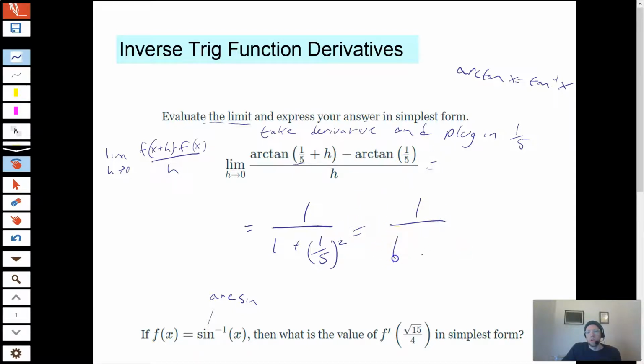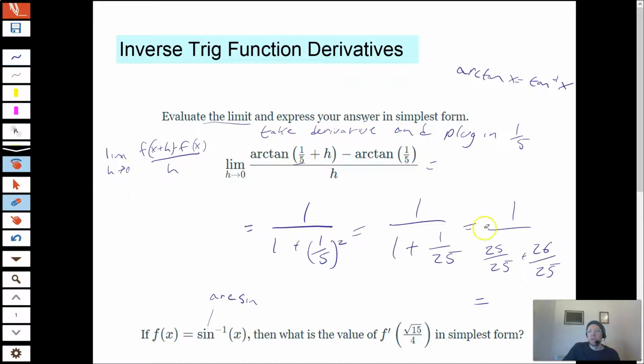So 1 over 1 plus 1 over 25, and then 1 is 25 over 25, right? Oh, got a little ahead of myself there.